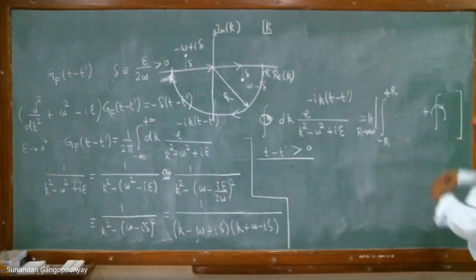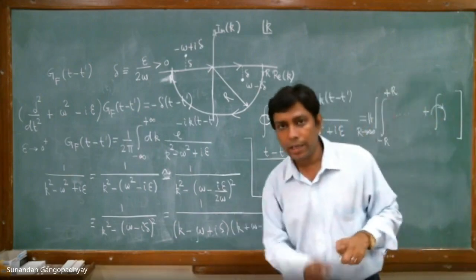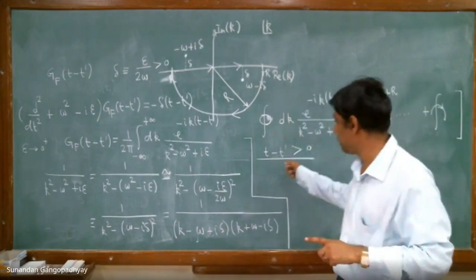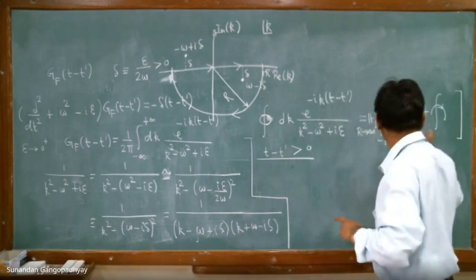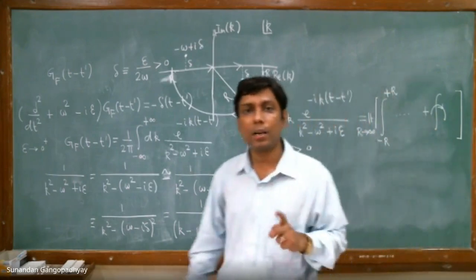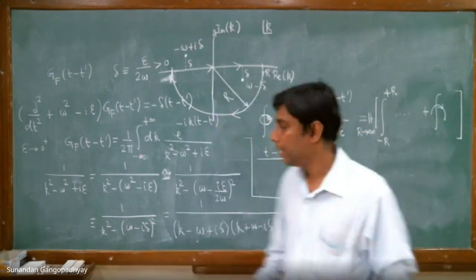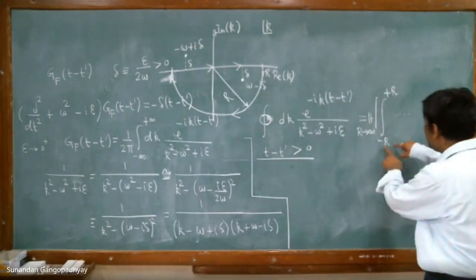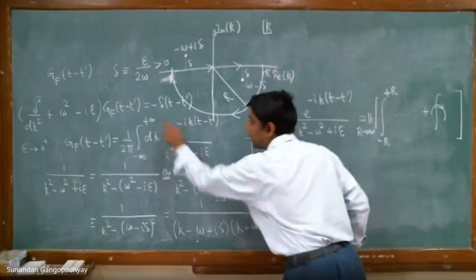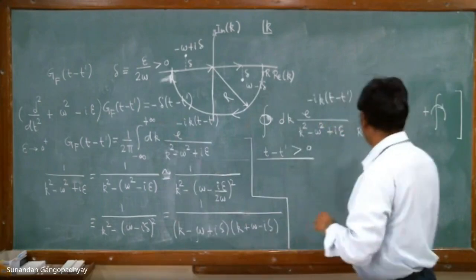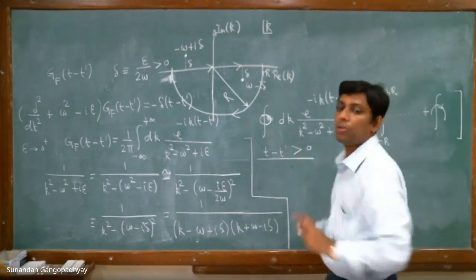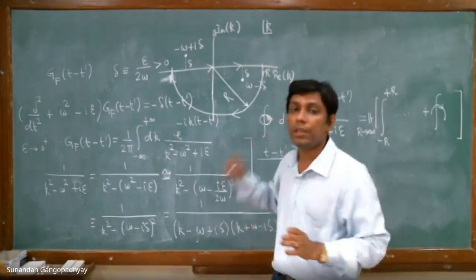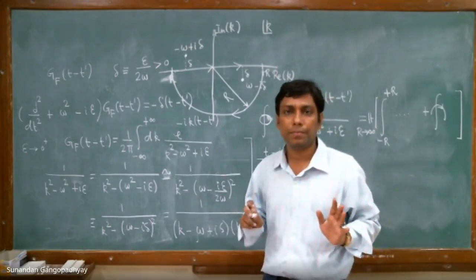And since we have closed the arc in the lower half plane for t minus t prime greater than 0, this contribution in the limit r going to infinity will vanish. And therefore, this particular integral that we want to compute is equal to computing this contour integral. Right?